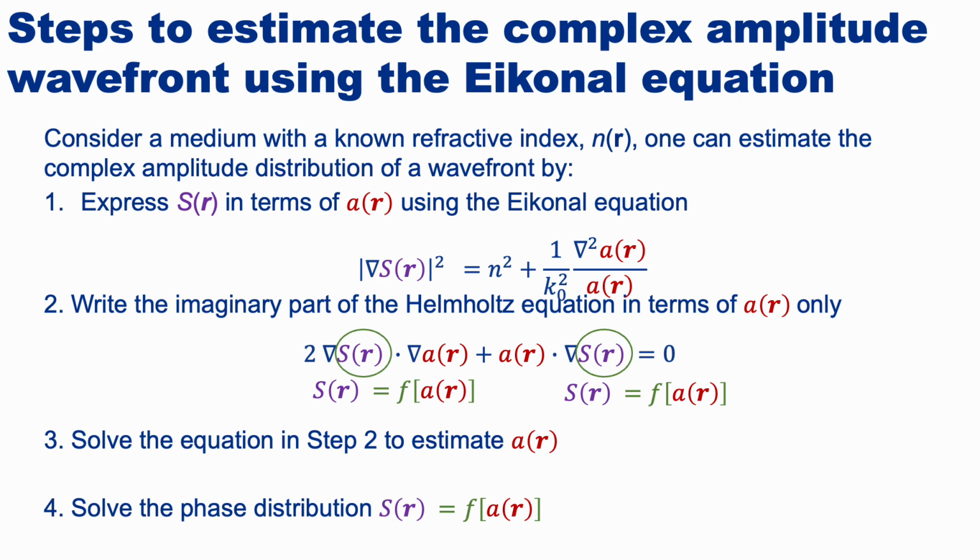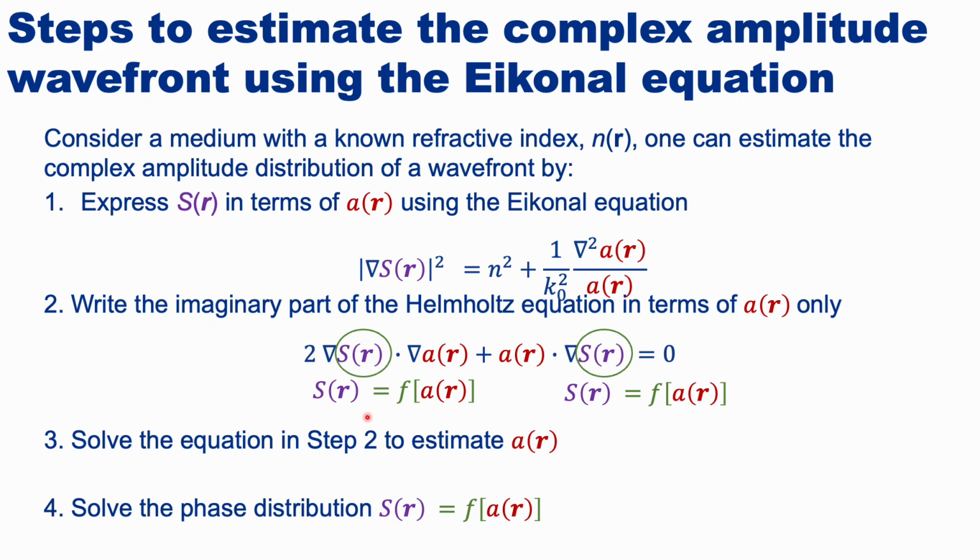Knowing the refractive index, we can use the Eikonal equation to express the divergence of the phase, to have the relationship between the phase distribution and our amplitude. Knowing that function, then we can go to the imaginary or to the real part of the Helmholtz equation, and putting that relationship in, we're going to have a single equation that only depends on the amplitude distribution.